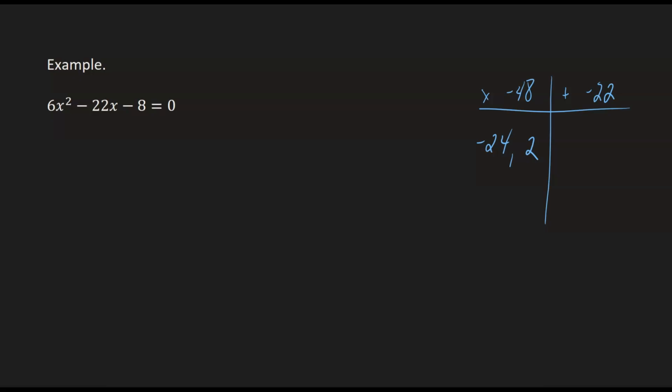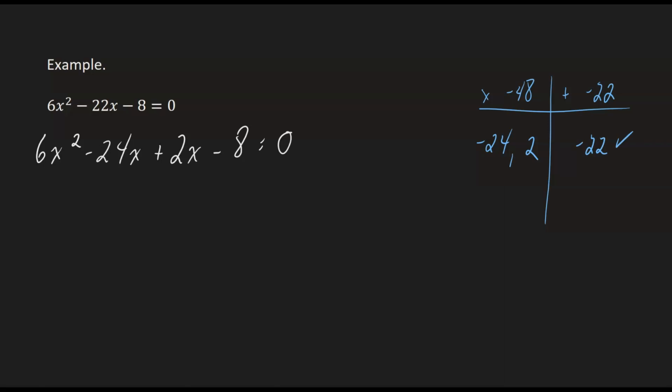Negative 24 times positive 2 is negative 48, and negative 24 plus 2 is negative 22. So there we have it. We will write this out: 6x squared minus 24x plus 2x minus 8 equals 0.